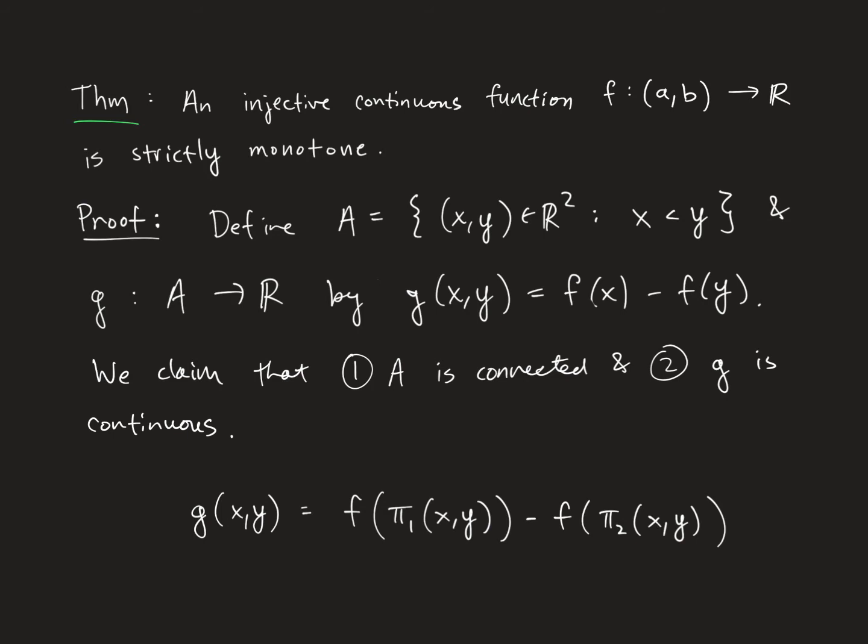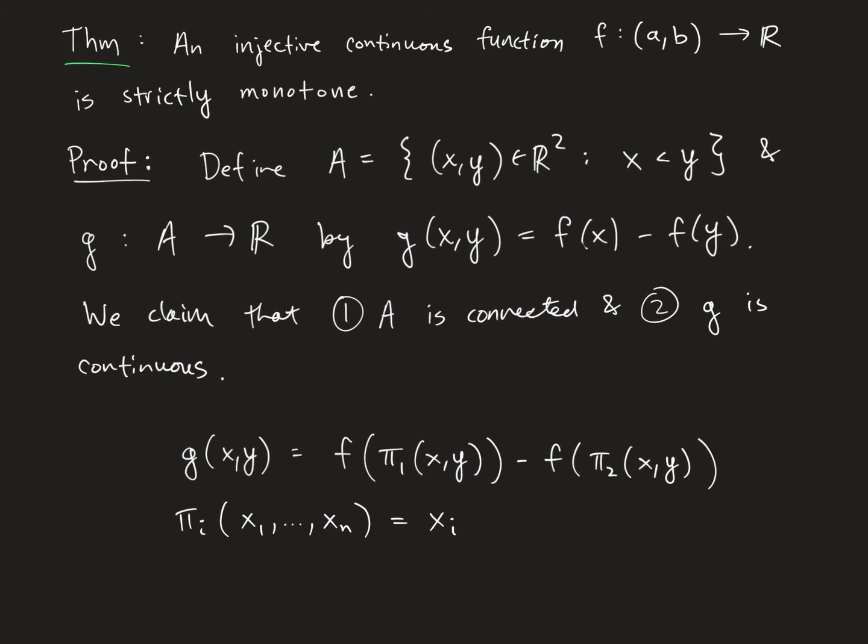So you really just have to show that pi i, the function which takes a point in Rn and spits out the ith coordinate, is continuous. In fact, this is a uniformly continuous function. So you just need to check that pi i is uniformly continuous.